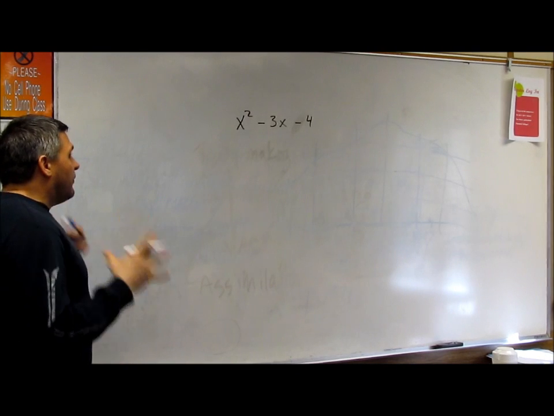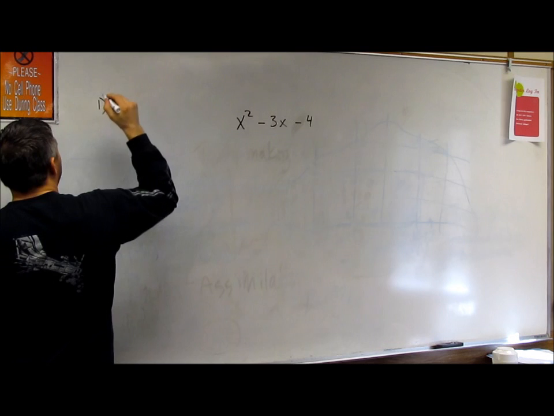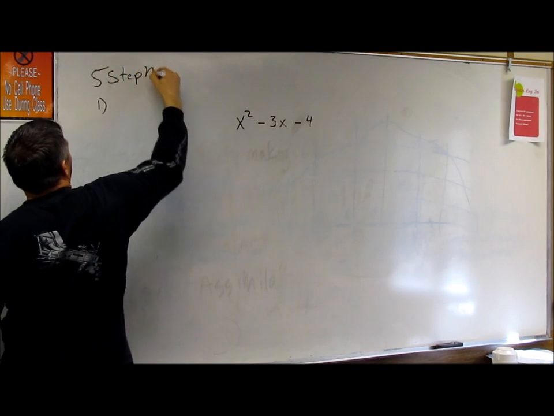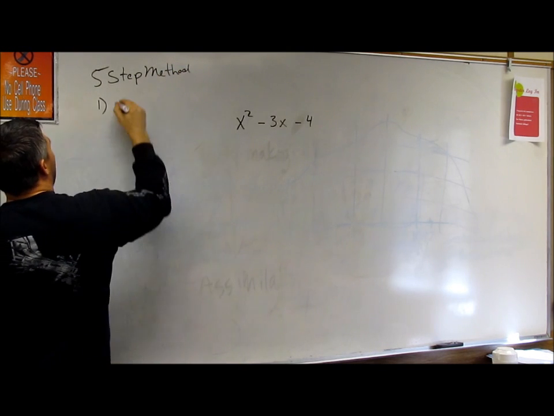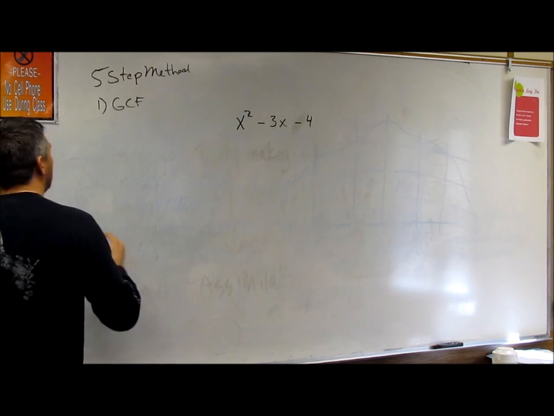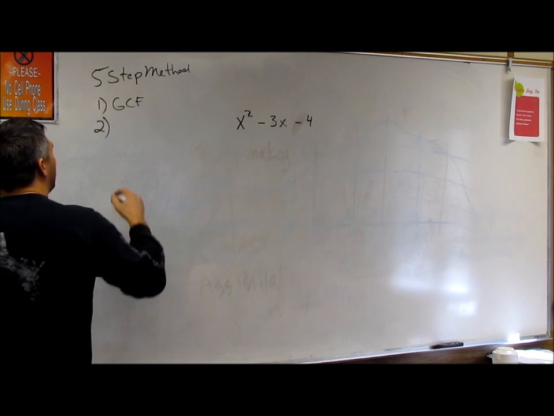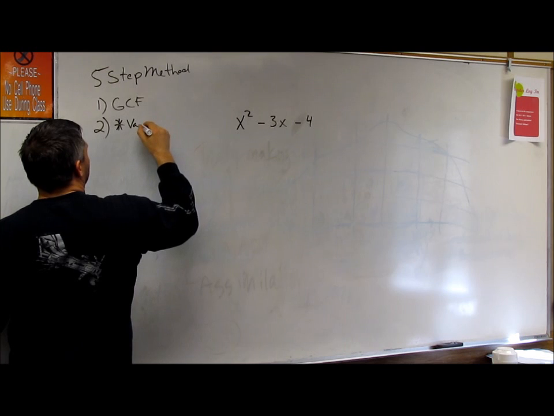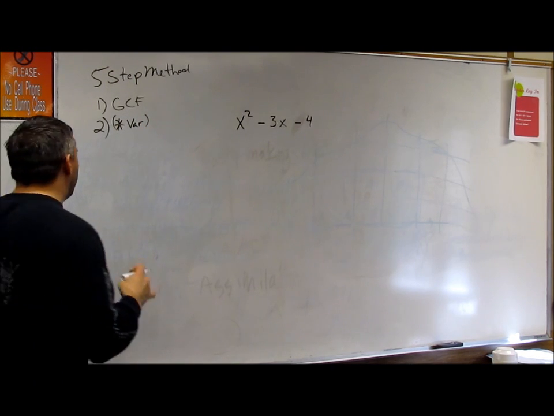Here it is. First step in the 5 steps. So this is the 5-step method. The first step is GCF. The second step is what we call a star variable and parentheses. So parentheses, star variable.